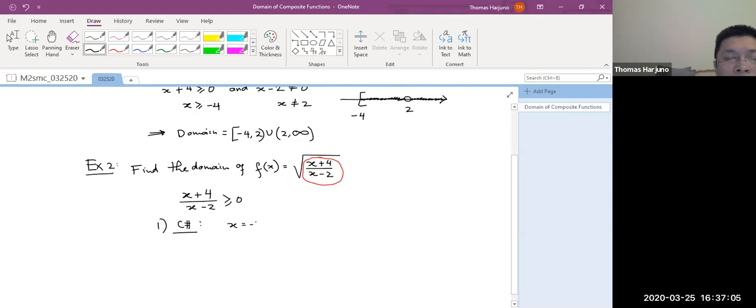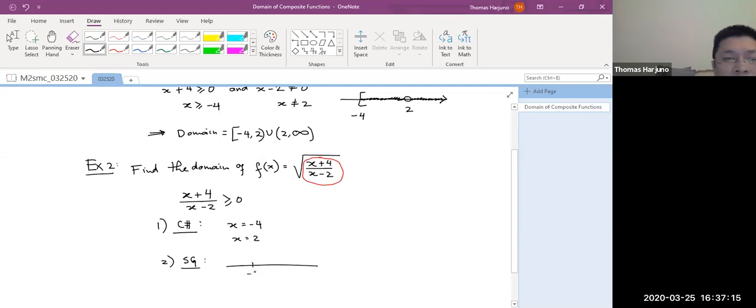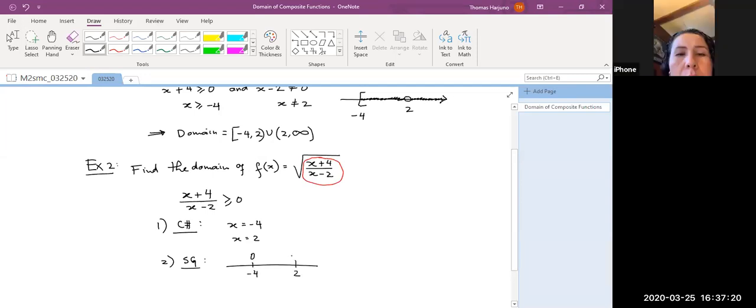x equals -4 and x equals 2. Using a sign graph, -4 will give us 0, while 2 will give us undefined, right?